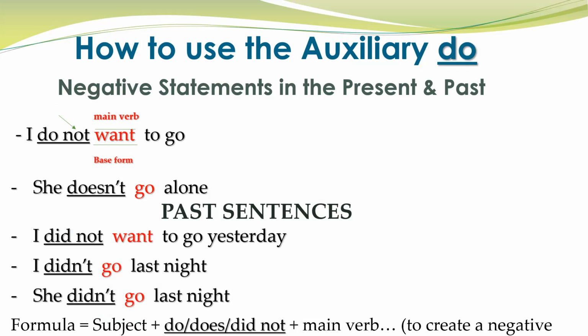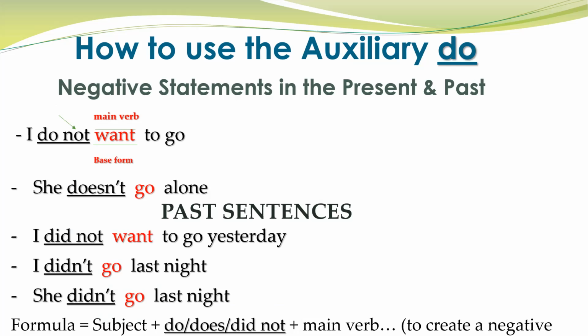Let's now practice past sentences using the auxiliary verb do. Again, we use do to create the negative. Okay, I did not want to go yesterday. Now, do you remember those past time expressions?